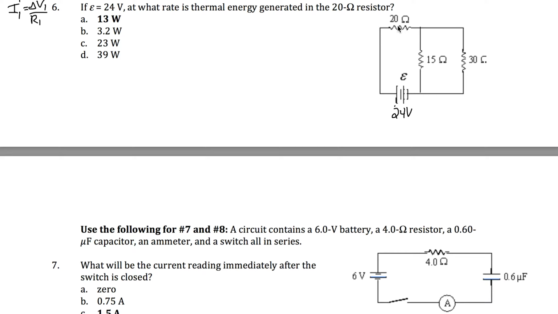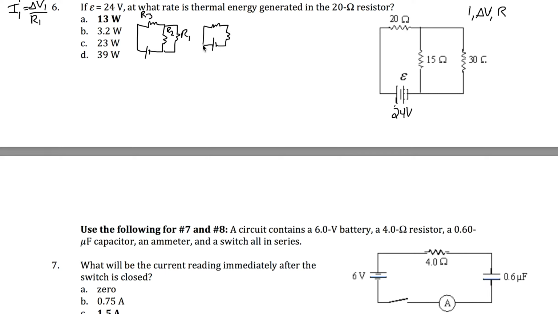So once again, I'll draw the original circuit. And I'll call this R1, R2, and R3 over here. The first thing is that R1 and R2 are in parallel, so I'm going to simplify those.